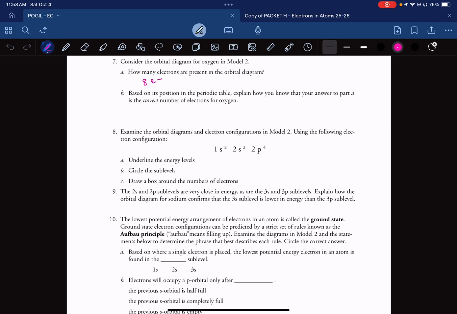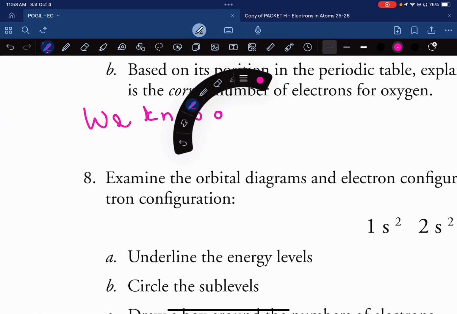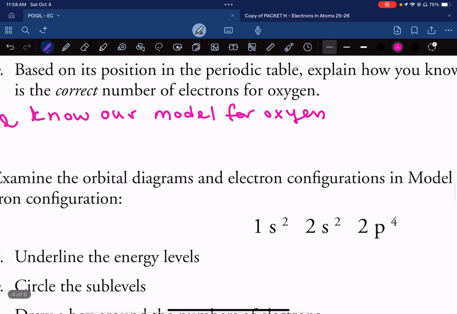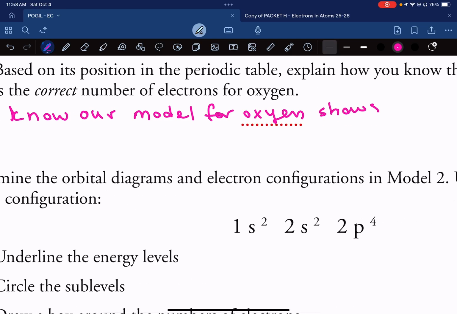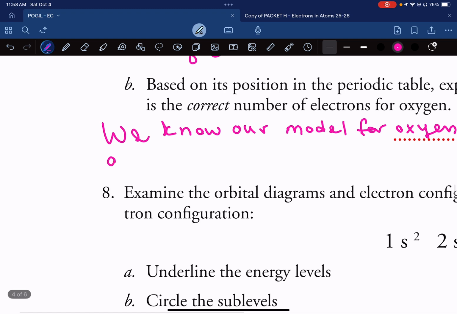Nice. Okay. When we look at the periodic table, it's basically asking: as you're counting up these electrons and you see that there are 8 electrons, does the periodic table agree with that assumption? And the periodic table says that the atomic number for oxygen is 8.